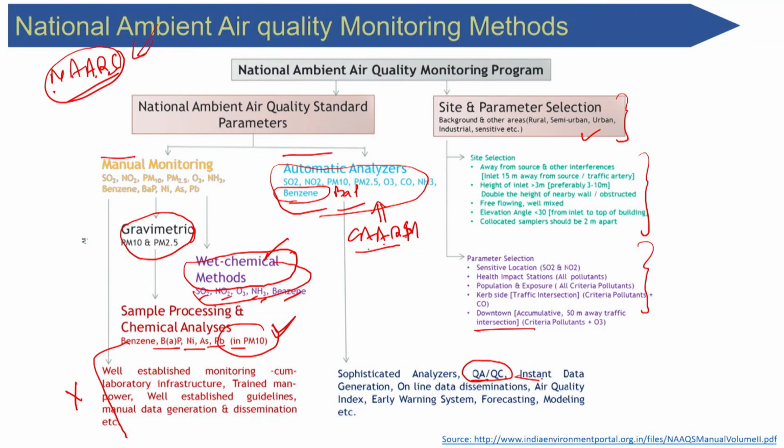With an automatic analyzer, you get instant data generation and can then do data dissemination. You can calculate the Air Quality Index, set up an early warning system, and do forecasting and modeling. You can also do the analysis, talk about the sources that are there, and characterize them.